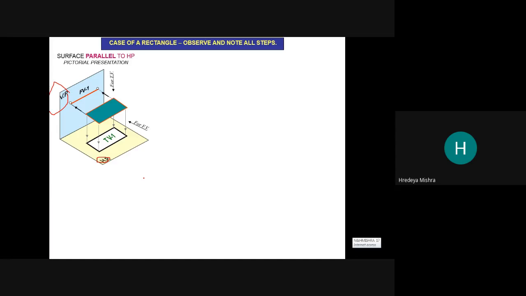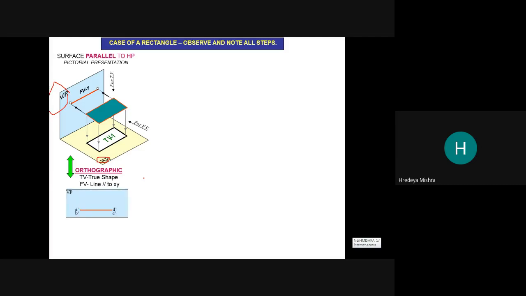So this is the top view. Now, what is the orthographic projection? It means true shape, and the front view line is parallel to the xy line.